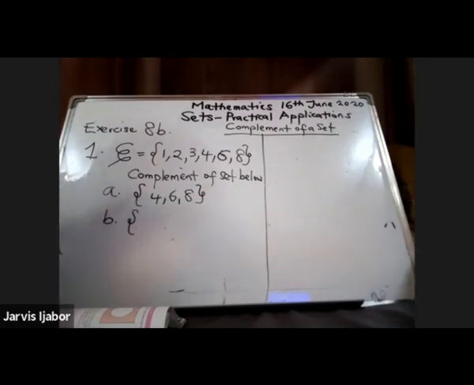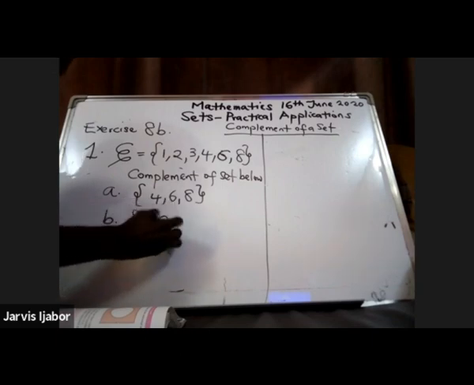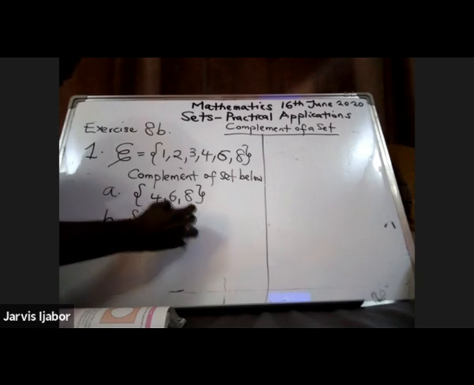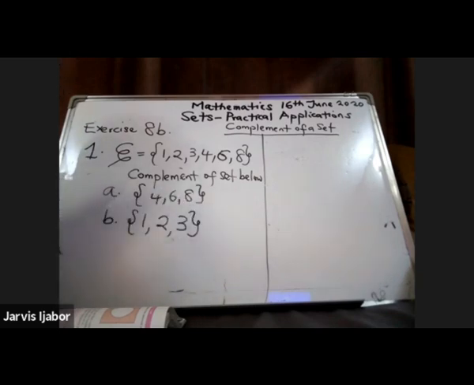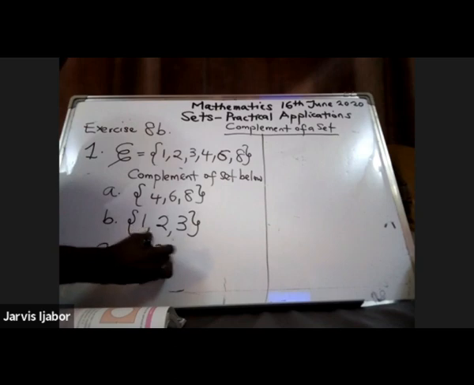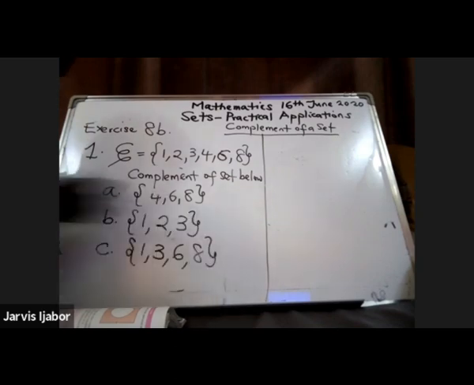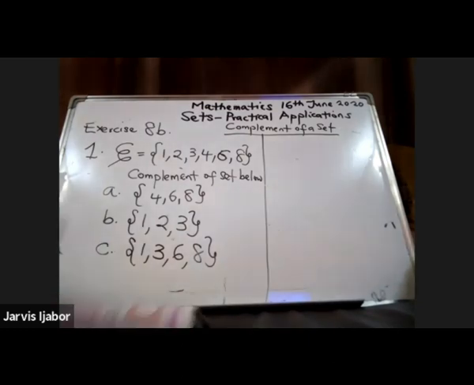B will be, I can't see 1, I can't see 2, and I can't see 3. So that's the complement. Then C, I cannot see 1, I can't see 3, I can't see 6, and I cannot see 8. Okay, I'm not going to do all, but let me just pick some.